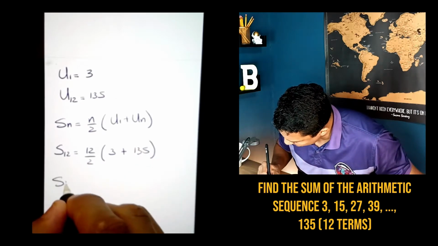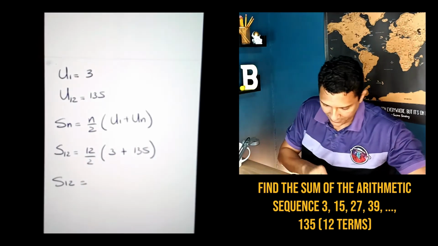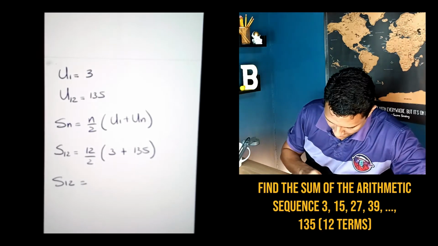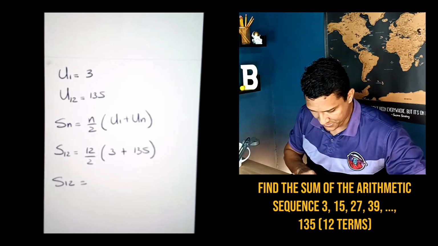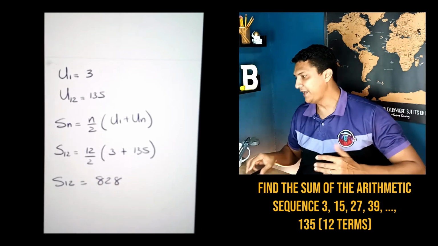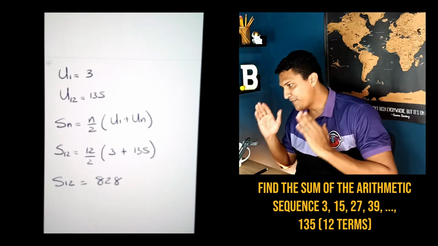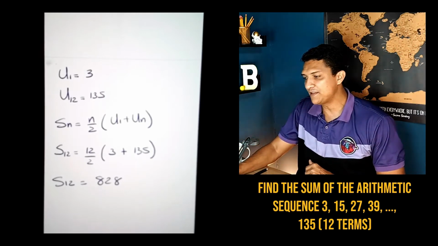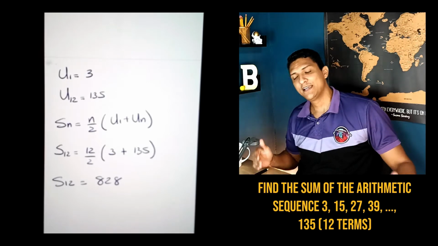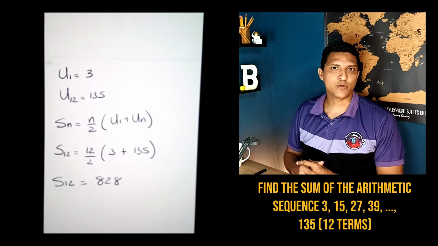I'm going to input all this in my calculator, and that is going to give me 828. So for the sequence in the first problem, the sum of the first 12 terms is 828.